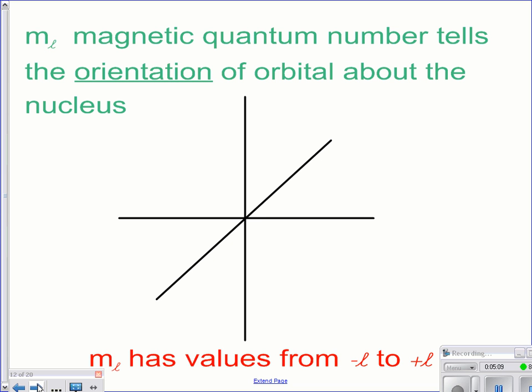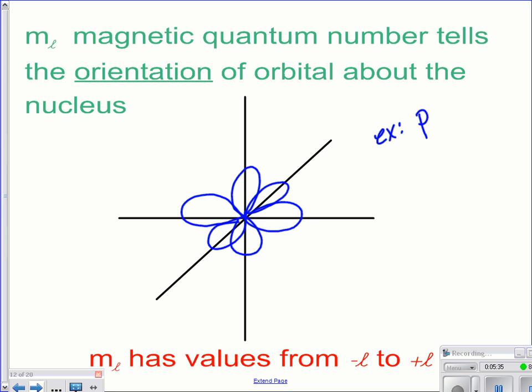If we were to look just at the axes here, and maybe my example, you don't have to draw this down, but maybe my example is going to be a p sublevel. Well, I can have an orbital on the x-axis, I can have one on the y-axis, and I can have one on the z-axis. So that's really what we're thinking about, the orientation of those orbitals within that sublevel around that nucleus.